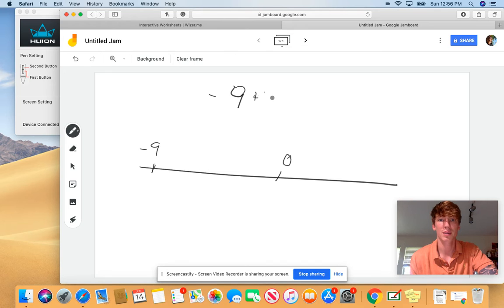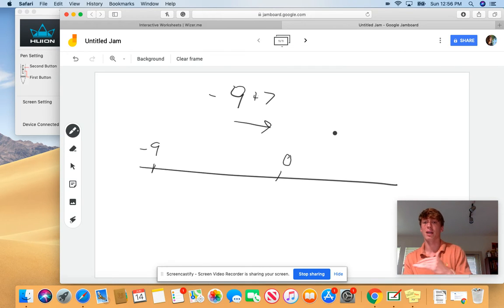Man, this thing is not working very good. So we have negative 9 plus 7. So what that means is we're going to go 7 that way. When you add a positive number, your number is getting bigger, okay? In this case, this really big negative number, well, not really big, but is going towards 0, okay? So we need to draw 7 notches towards 0. 1, 2, 3, 4, 5, 6, 7. All right.